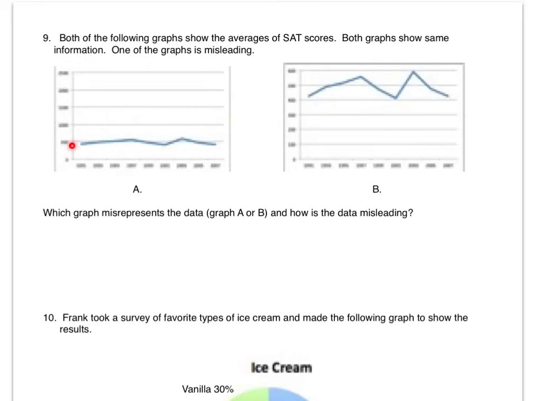this graph kind of looks like all the SAT scores are pretty similar, whereas this one shows some pretty big increases and decreases.